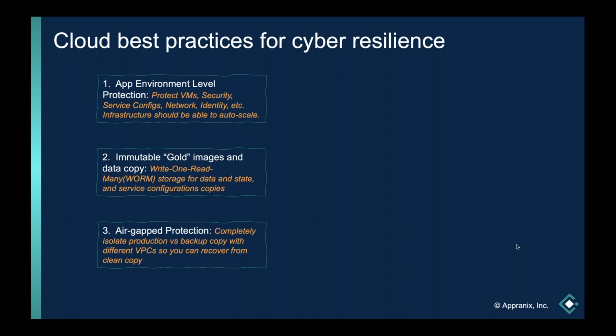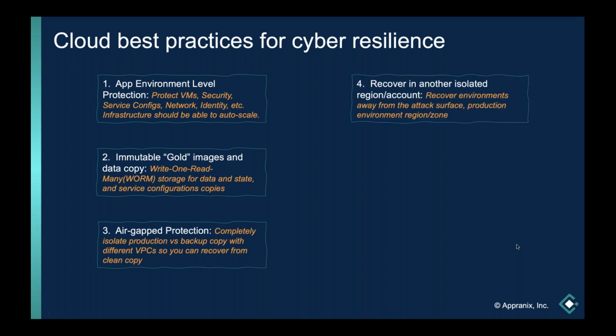So air gapping is such an important thing if you can do it. Otherwise, completely isolate the data copies in another account, maybe in another region, right? So another region, another account is the best approach, given the RPO requirement, the ability to copy fast enough for you, so that you don't have too much data loss.